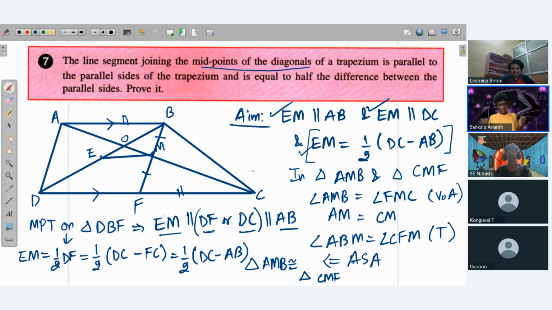Sir, we can prove angle DAB is equal to angle DFB, which makes quadrilateral ADFB a parallelogram. Then we have to prove triangle DAB is congruent to triangle DBF. Then we do all the stuff. You fill that gap, and then we'll discuss.